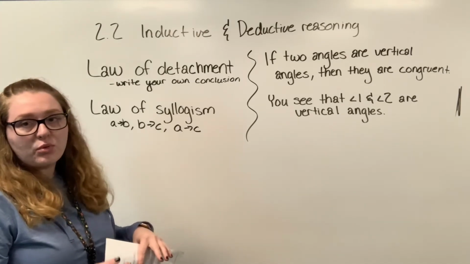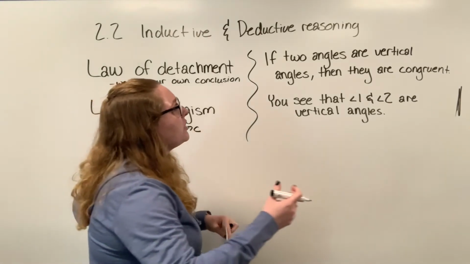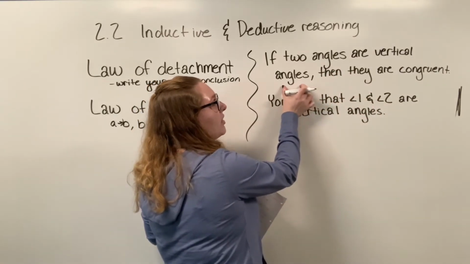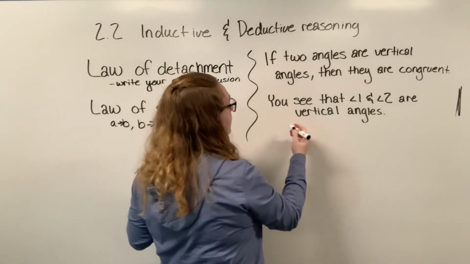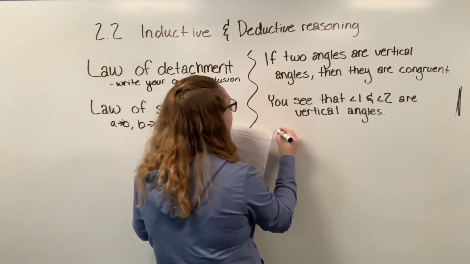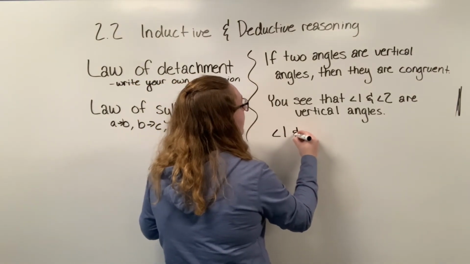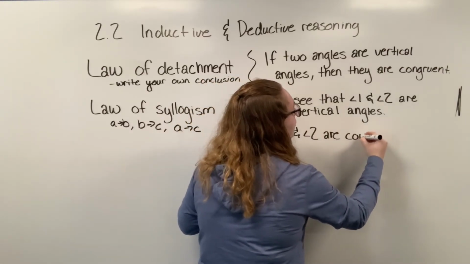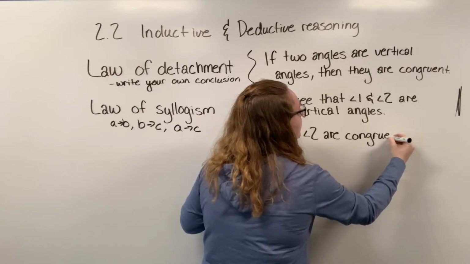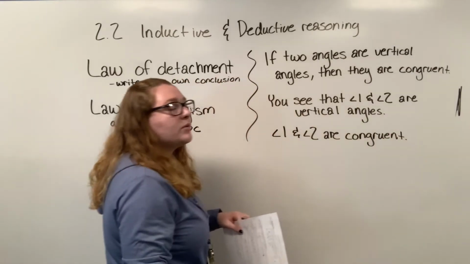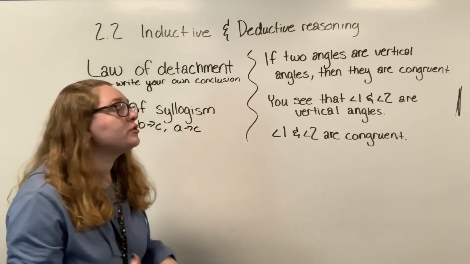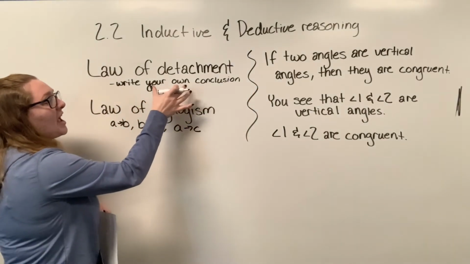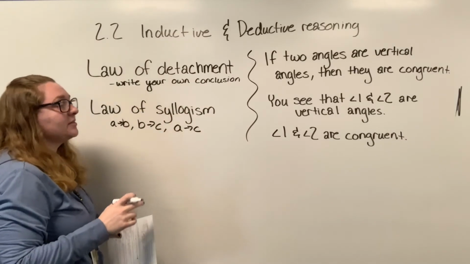So for this one, our conclusion is going to be that since angle 1 and angle 2 are vertical angles, then they also are congruent. So our conclusion is angle 1 and angle 2 are congruent. Okay? And since we had to come up with our own conclusion here by piecing together these two statements, this would be a law of detachment.